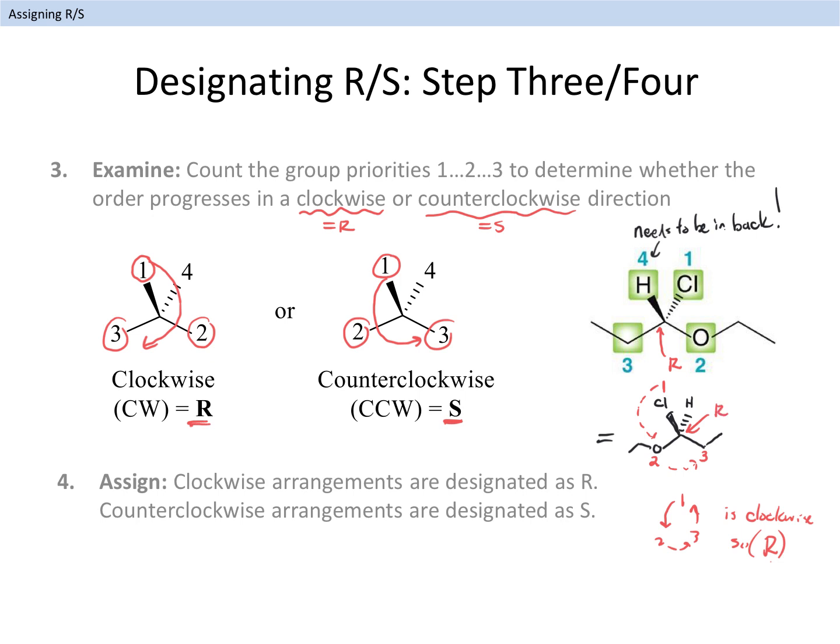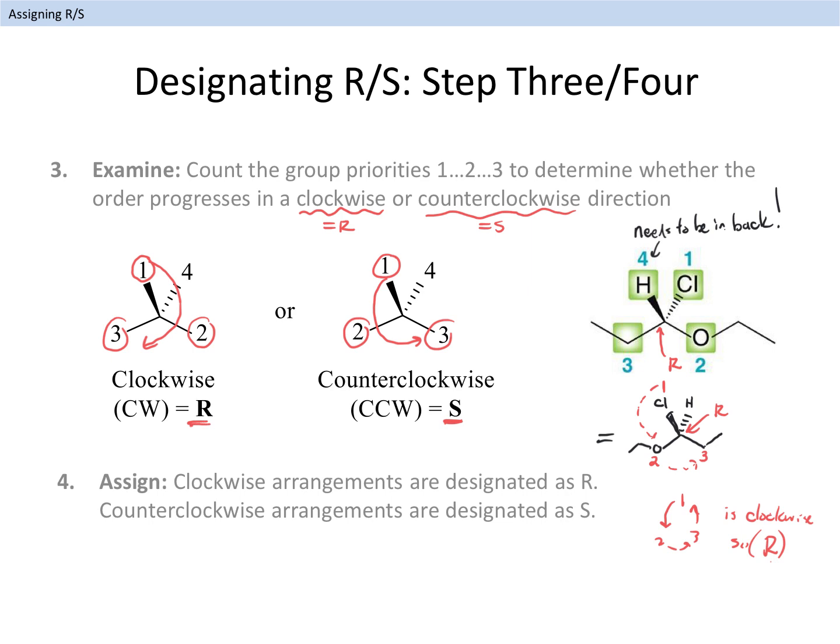This method allows us to systematically and accurately determine the absolute configuration of chiral centers in molecules, which is crucial for understanding their chemical behavior and interactions. On the next several slides, we will explore a few additional considerations that need to be taken into account when assigning R and S configurations.